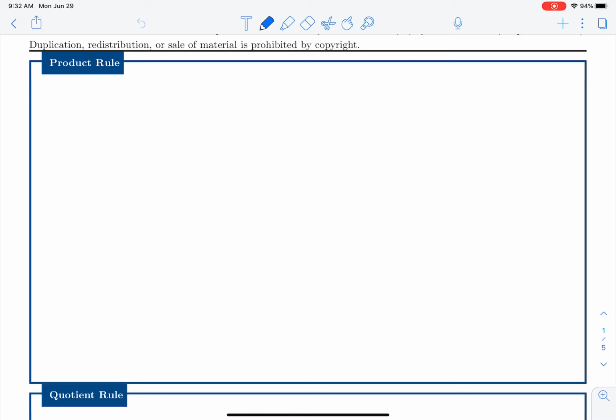So suppose we have two functions, and we want to find the derivative of the product.